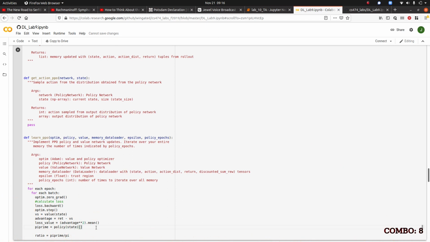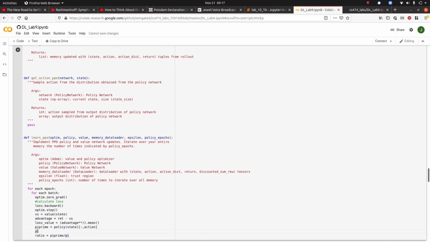Out of the action distribution, we want all of the rows in the entire batch, and we want just the specific action that we took. And this action is also coming from this batch. So there's pi prime. But what's pi? Pi is the policy that we had when we were learning this, when we took this action for the first time, when we were exploring.